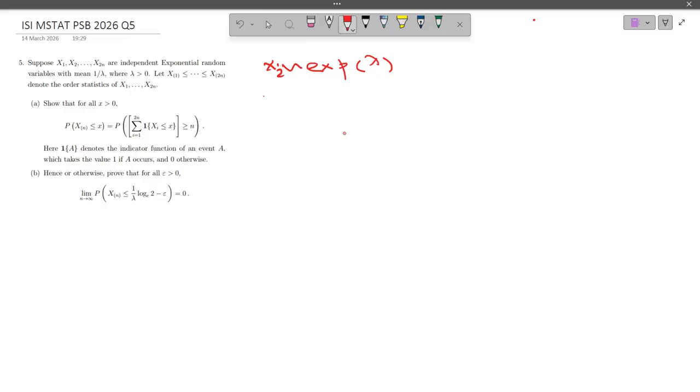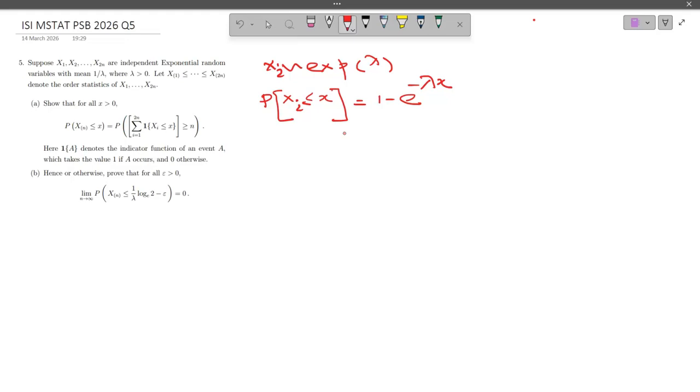So the CDF is given by P(Xi ≤ x) = 1 − e^(−lambda x).